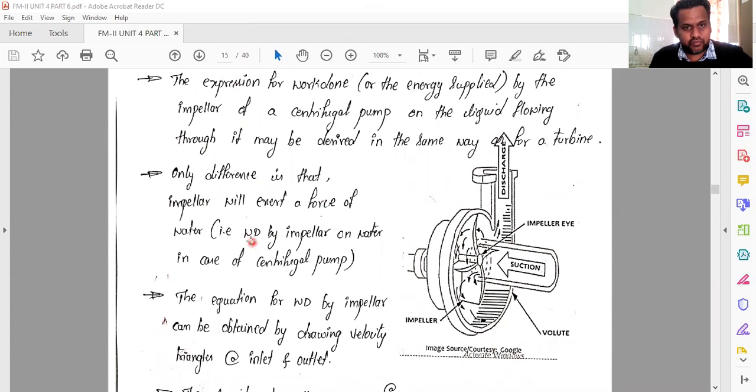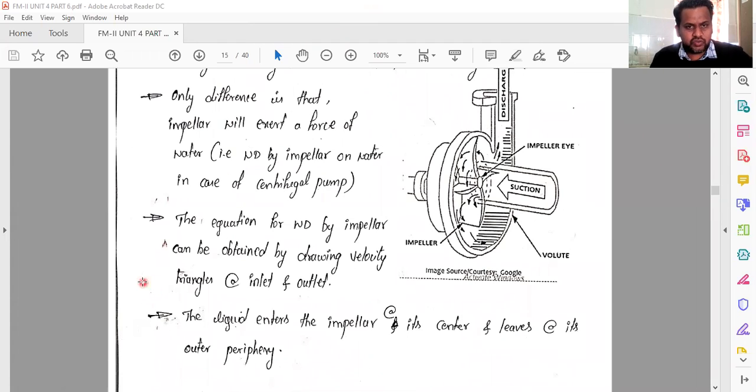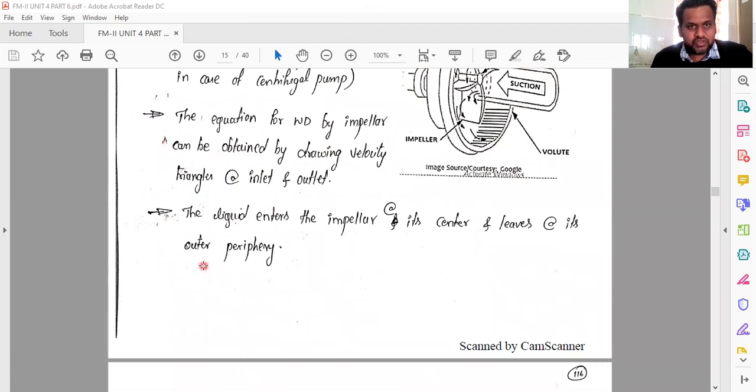So the main difference is work done by impeller on water, correct? So the equation for work done by the impeller can be obtained by drawing the velocity triangle at inlet and outlet. Once again, turbine case में भी आपने inlet and outlet velocity triangle draw किया था, तो same way इधर भी आपको velocity triangle draw करना पड़ेगा. So then you can go and find the work done.